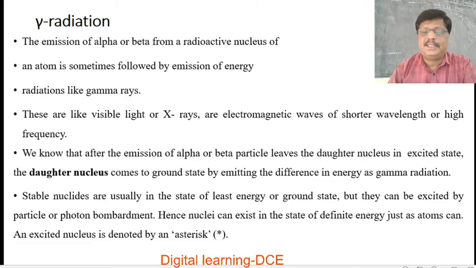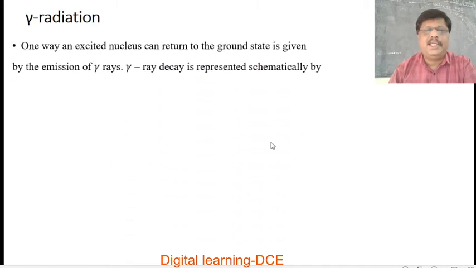Similar to atoms in an excited state, a nucleus can also be excited by supplying energy in the form of particle or photon bombardment. An excited nucleus is denoted by an asterisk like this symbol, and it is represented by the equation.